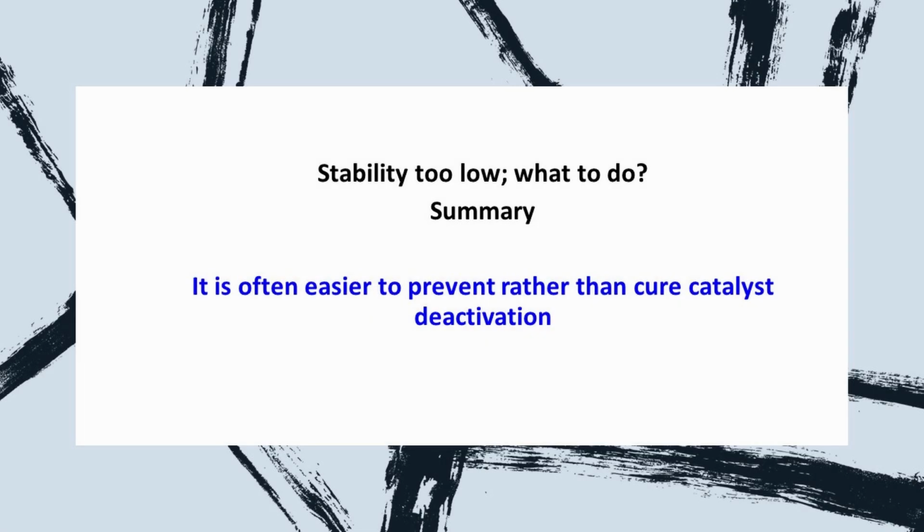Stability too low, what to do? High conversions are often achieved with the fresh catalyst, but the conversion drops rather rapidly as the catalyst adjusts to the operating conditions, and after the decay, deactivation subsequently takes place continuously, usually at a much lower rate.